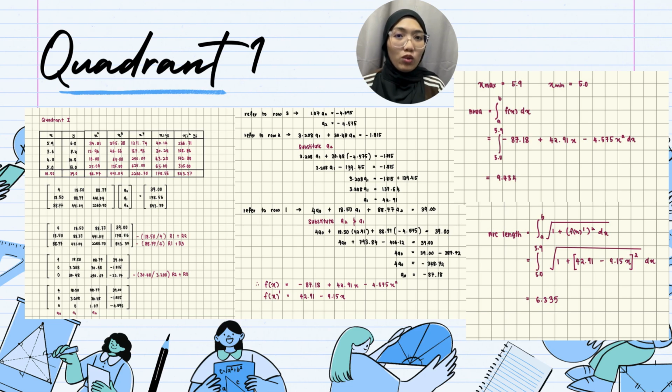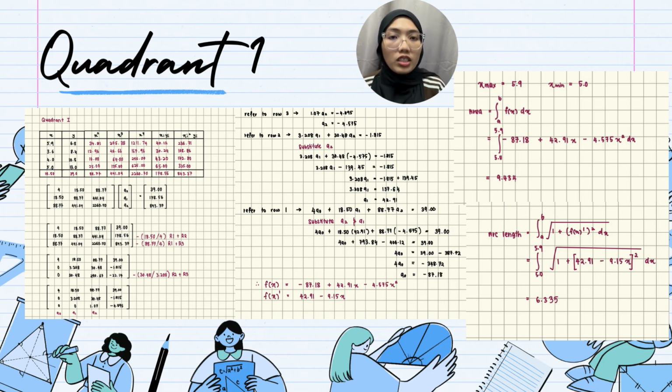For quadrant 1, we use Gauss elimination to solve for the quadratic function. First, I collected the coordinates and set up the normal equations in matrix form. Then, I performed forward elimination to obtain an upper triangular matrix, followed by back substitution to determine the values of a0, a1 and a2.